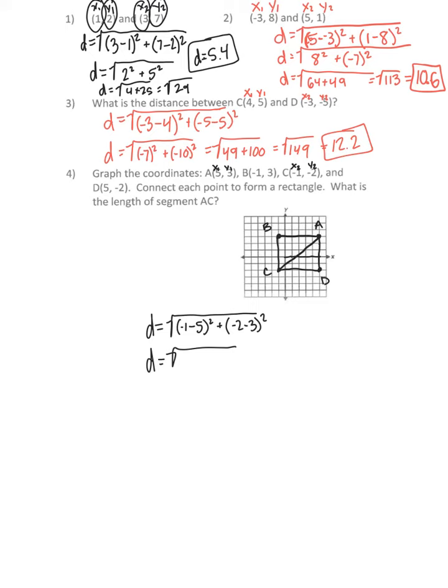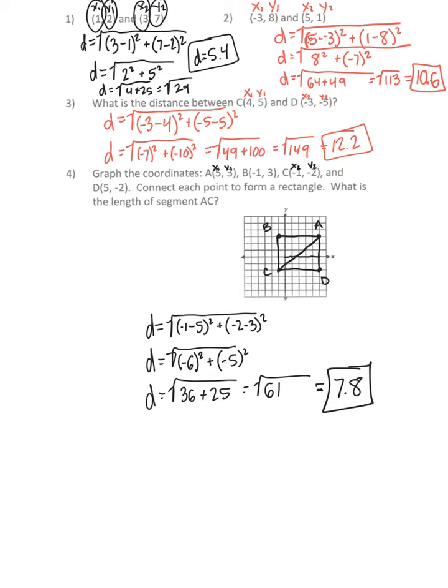Well, negative 1 minus 5, that's negative 6. And negative 2 minus 3, that's negative 5. I get 36 plus 25, which is 61. And the square root of 61 is approximately 7.8. That is the distance between my 2 points.